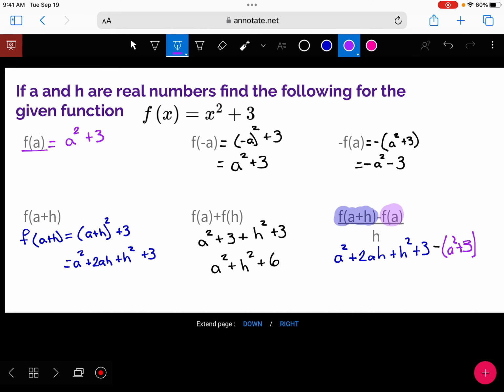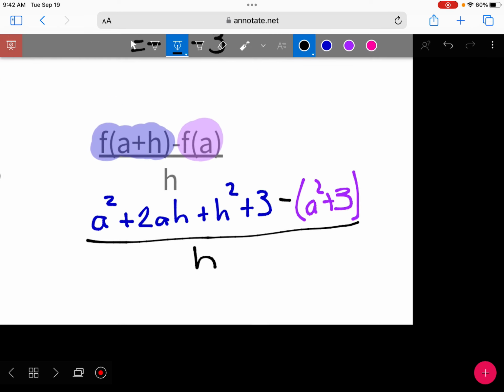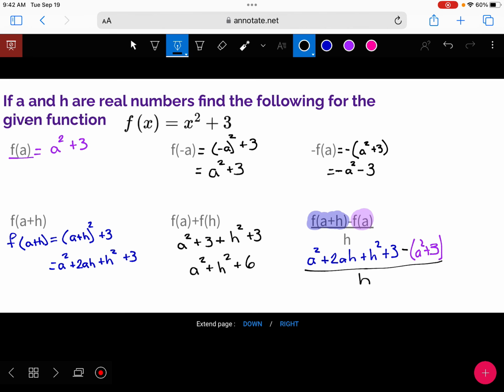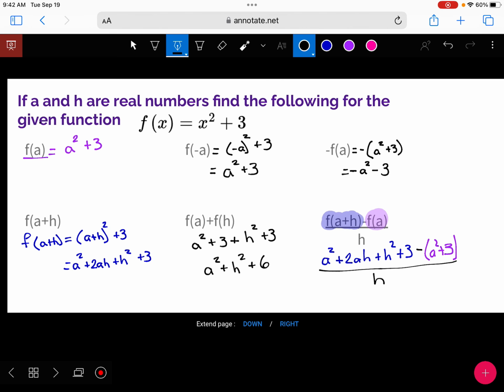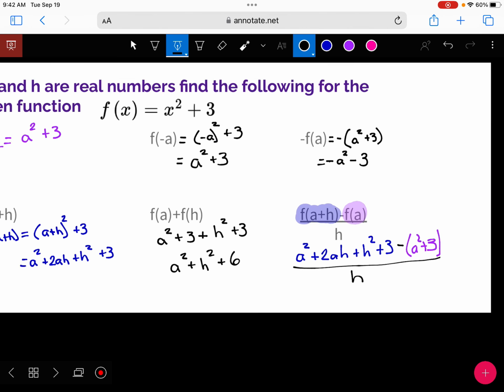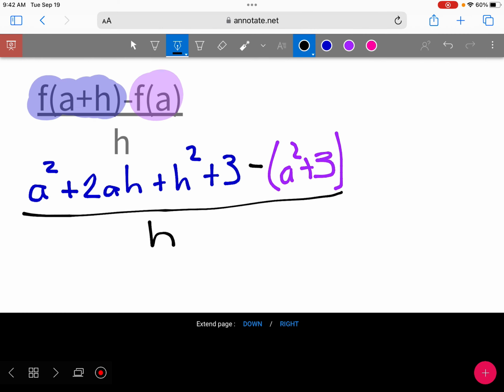And it's all over h. And we are going to simplify this. Do we see where all the pieces came from? Because then I can zoom it in, and we can actually see what we're writing and have it be less terrible handwriting. Because that's terrible. Holy cow.